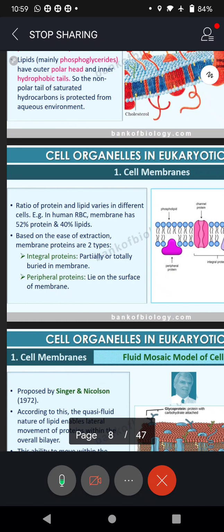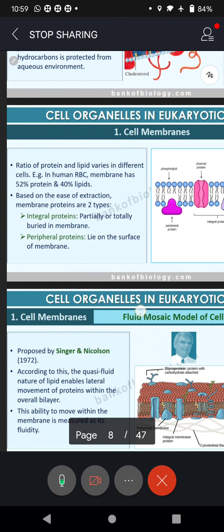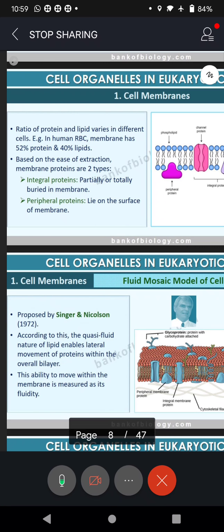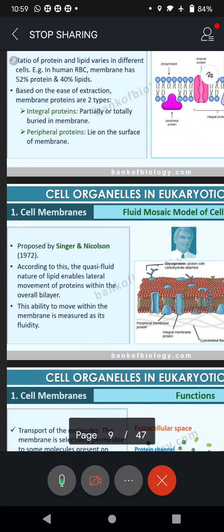Now, the ratio of protein versus lipid varies from cell to cell, like in human RBC, 52% protein and 40% lipids. Based on the ease of extraction, membrane proteins are of two types. Just now I said integral proteins and peripheral proteins. And there was a lot of discussion about the structure, the anatomy of the cell membrane.